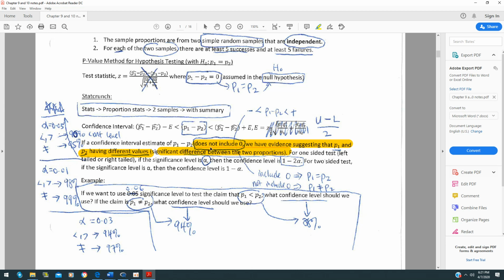If you do your confidence interval and 0 is not included, then we say there is a significant difference between the two proportions. So in this case, there's a significant difference between the two means.